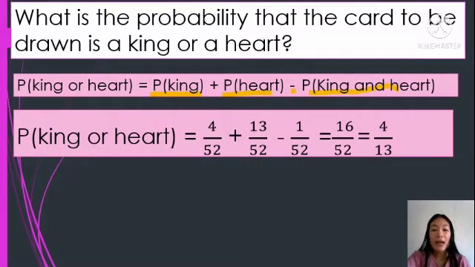So, we know that there are 4 king cards in a standard deck of cards.